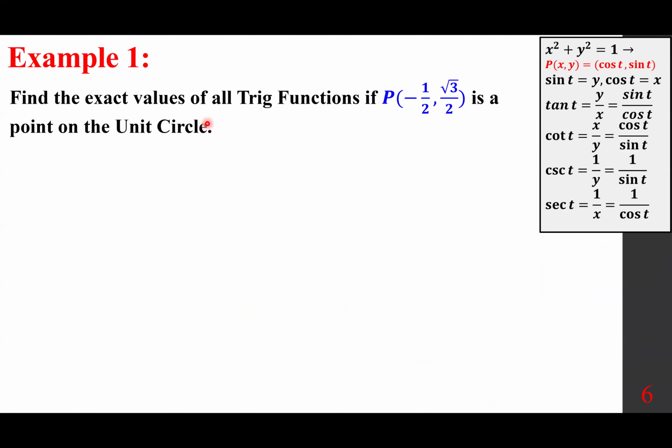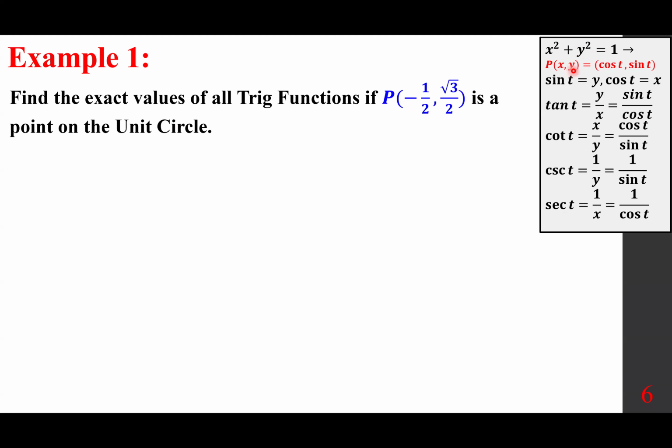Find the exact values of all trig functions if the point P has the coordinates -1/2, square root of 3 over 2, and is a point on a unit circle. And again, a quick reminder: x squared plus y squared equals 1. That's a unit circle.